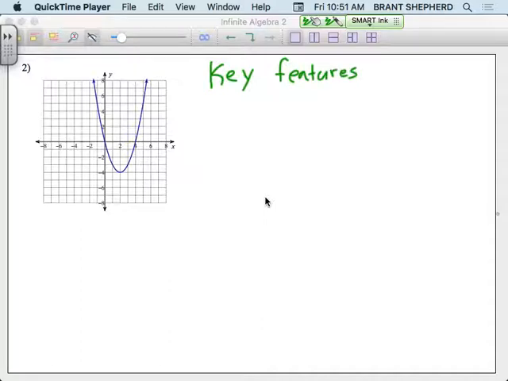So as you can see, I already have a quadratic function graphed out here, and I might be asked for some key features such as the vertex of that graph. I might also be asked to identify the x-intercepts, also known as the solutions or the roots or the zeros.